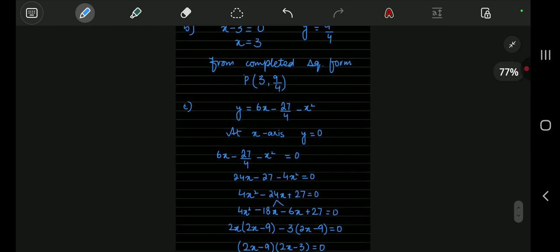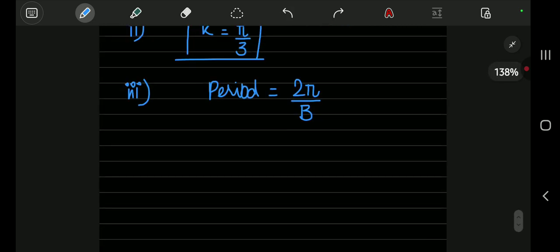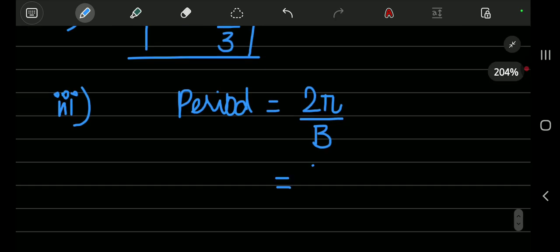If you remember, I wrote the standard form of your cos, in which b is the number or the variable being multiplied inside with the angle. So here b refers to k. If we write 2 pi over k, we will get the period.